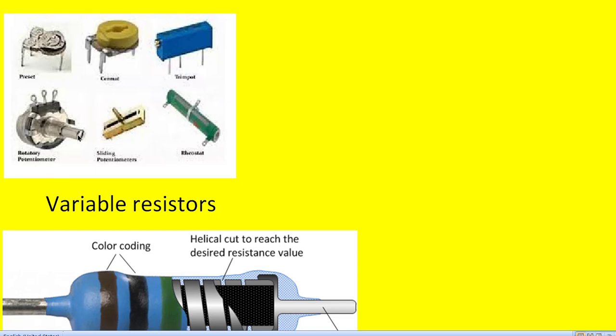By rotating this knob, we can change the resistance, which is normally present in the ceiling fan controller. And this is the sliding potentiometer, means by moving this slider, the resistance can be changed. And this is the rheostat, which is normally used in laboratories for changing the resistance.